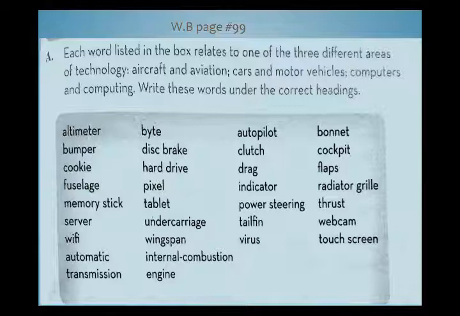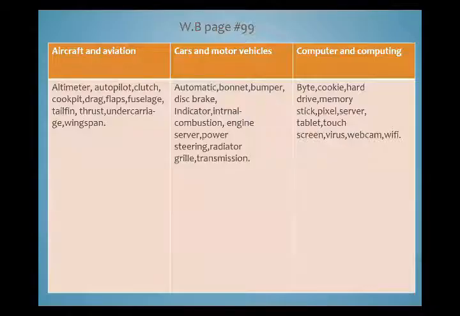Write these words under the correct headings. Now we have three headings here: number one is aircraft and aviation, number two cars and motor wheels, and third is computer and computing. So we have three columns, and we have to tell which word will be written in which column.